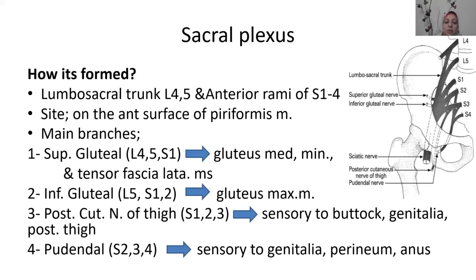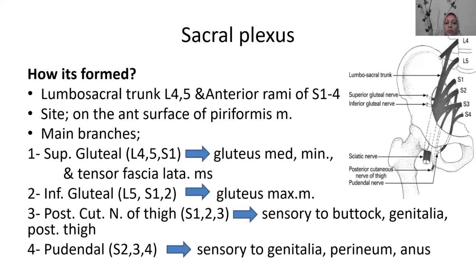It's situated on the anterior surface of the piriformis muscle, and the main branches are the superior gluteal nerve, derived from L4, 5, and S1, which innervates gluteus medius, minimus, and tensor fasciae latae, and the inferior gluteal nerve, derived from L5, S1, and S2, which innervates the gluteus maximus muscle.